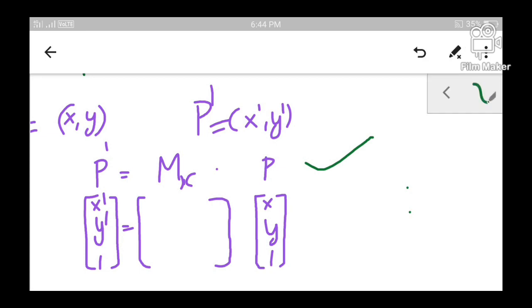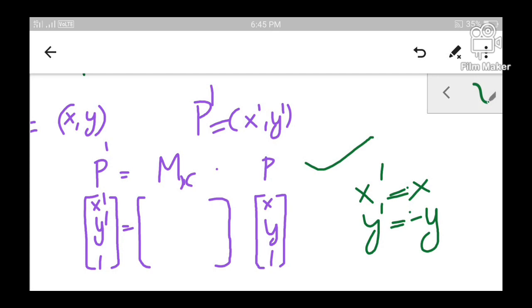So the equations which I need are x dash equal to x and y dash equal to minus y. These are the two equations which I want. So how can the matrix of Mx, the mirror image of an object obtained when the reflection is performed about x-axis, be written?